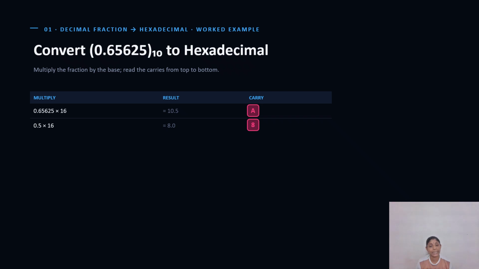So I have taken that integer part, and my fraction is again 0.0. 0.0 into 16 is again 0, no need to continue. How to write? You have to write from top to bottom, so that is 0.A8 base 16. That is the conversion from decimal to hexadecimal. One thing to remember: please don't forget to mention the radix point while using the fractional representation.